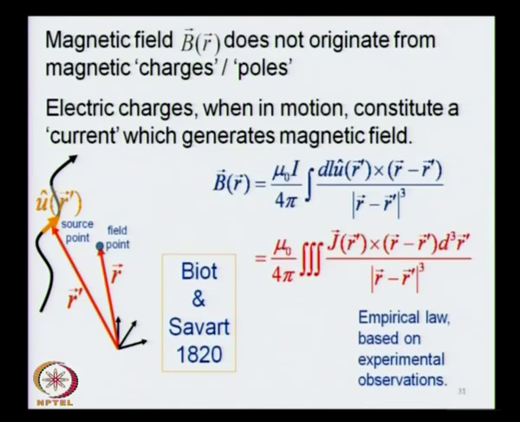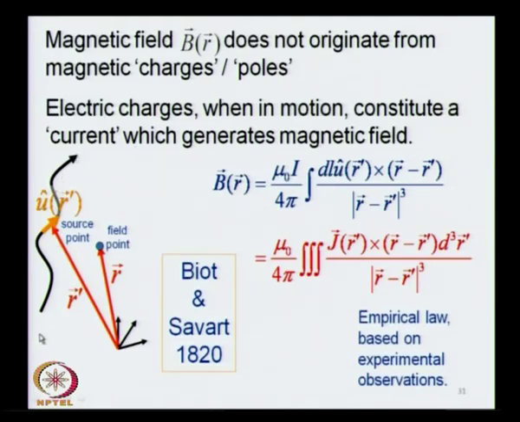What is this law? That the existence of a current I, and it is this I, the existence of a current in this piece of element generates a certain magnetic field, which is the influence it generates, and this influence is the magnetic field at the field point, B of r, and this is equal to the properties of the source.